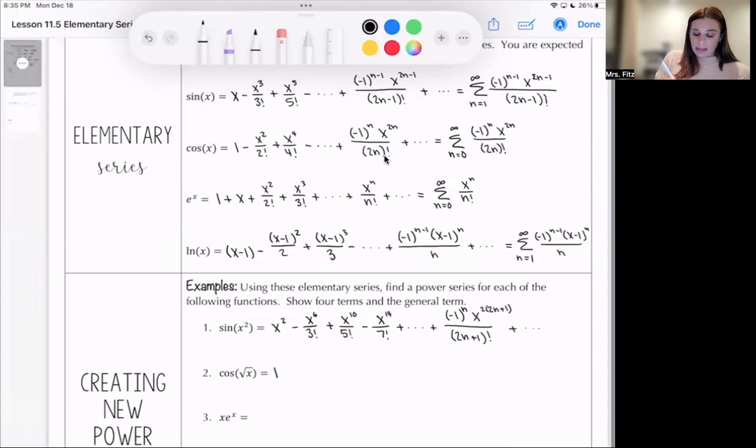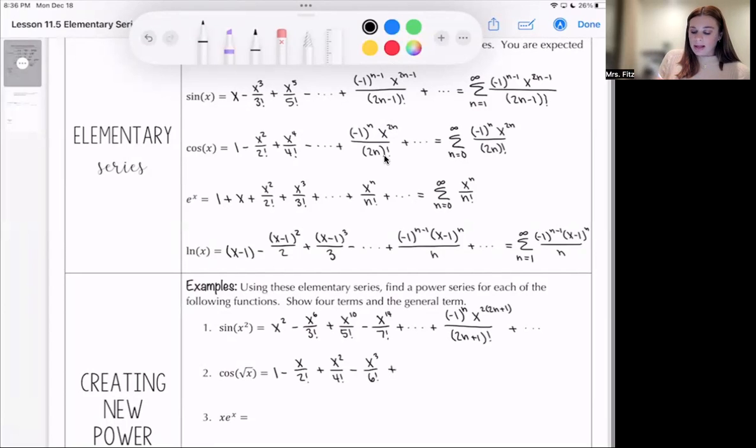So you should have ended up with 1 minus the root x squared is just x over 2 factorial, plus x to the 1/2 to the 4th is x squared over 4 factorial. And then we have one more term, so it's going to be x to the 1/2 to the 6th, which is x to the 3rd over 6 factorial. 2, 4, 6.